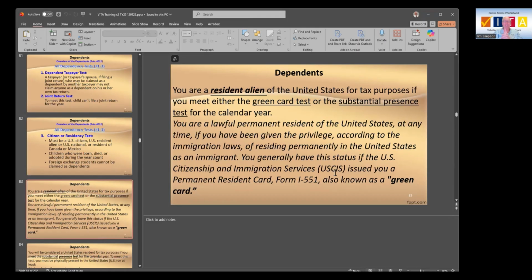There are exceptions to this test, and this is where we get into helping foreign students, because foreign students here under certain types of visas can exclude days of presence. In fact, they have to file a form to document the exclusion of those days, and that's where we help them. But you have to get certified under the foreign student test to be able to help them do that. Why is this important? Because if they're considered a resident alien, they have to claim all their worldwide income on their US tax return. That's pretty important.